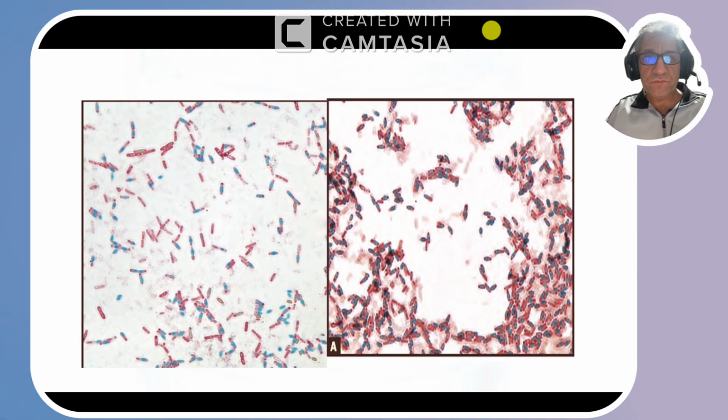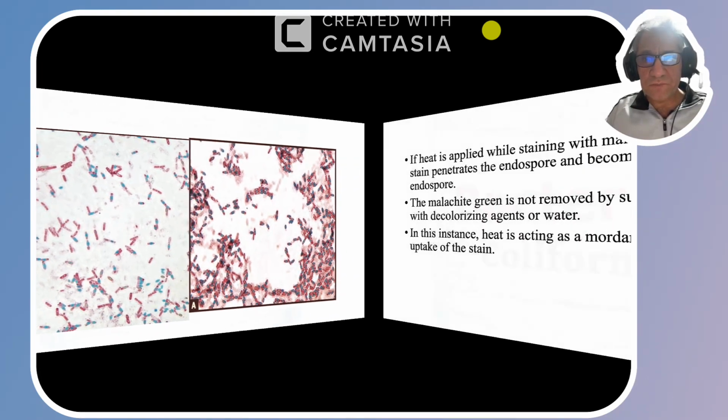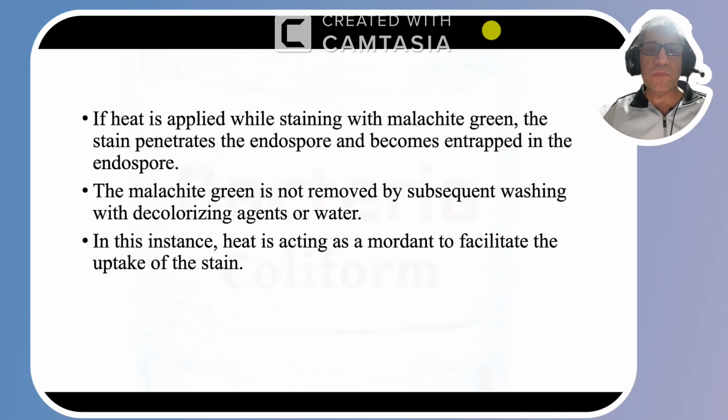Here it is like crystal violet, or sorry, the other stain. Look, the spores are blue or light blue, and the cell is red. So the test today, we're going to do staining by malachite green.